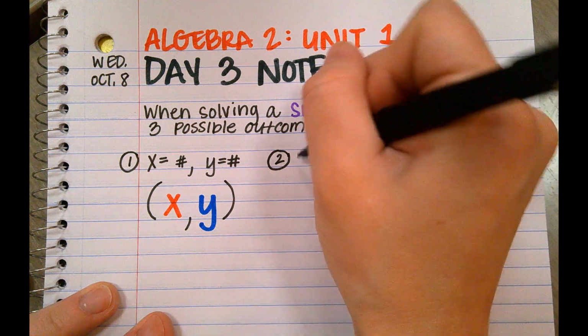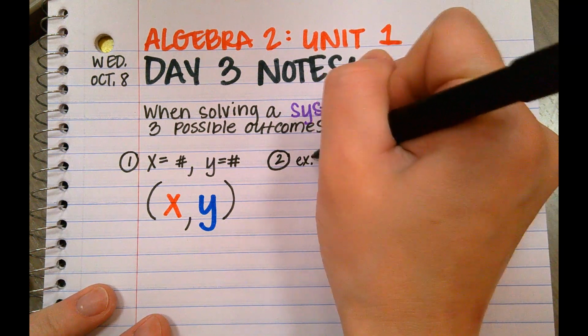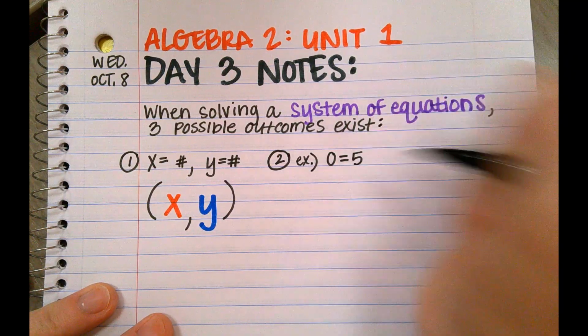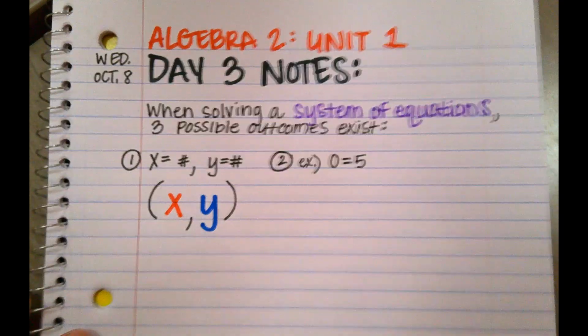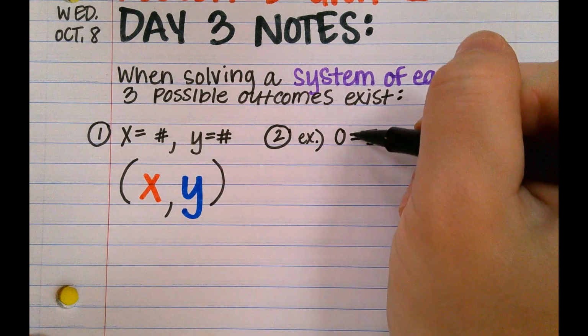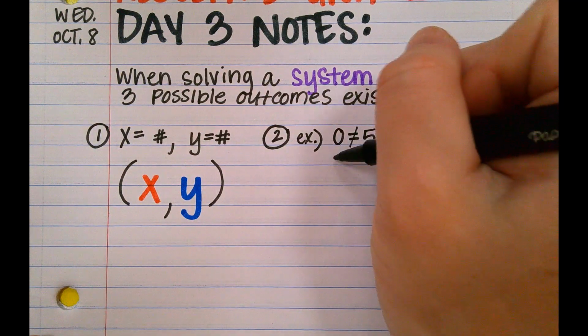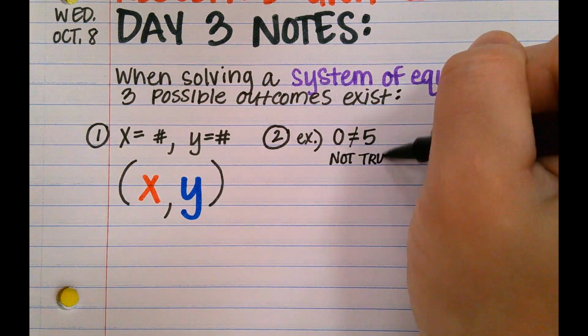So let's see. I'm going to write example 0 equals 5. I'm also going to put a little slash through my equal sign to show it's not equal to 5. All right, not true.